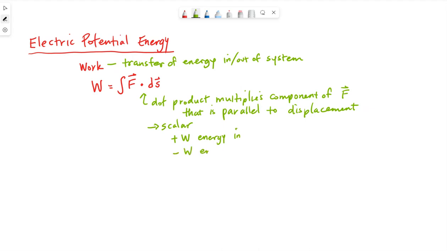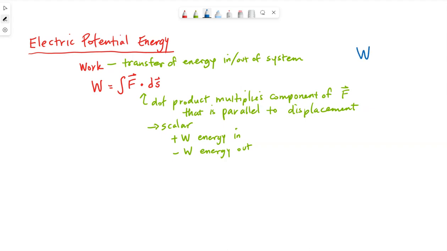Negative work, energy came out of the system. Negative work, we saw that fairly often with friction, like kinetic friction. It took energy away from the system, and it did turn it into another form, the thermal energy. But it was removed in terms of the kinetic energy.